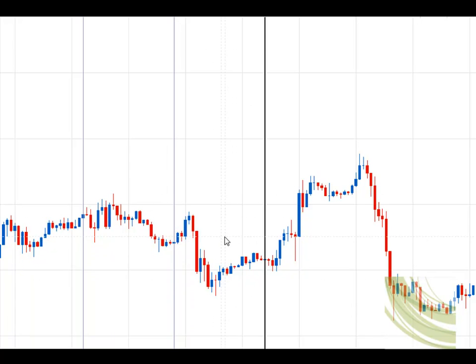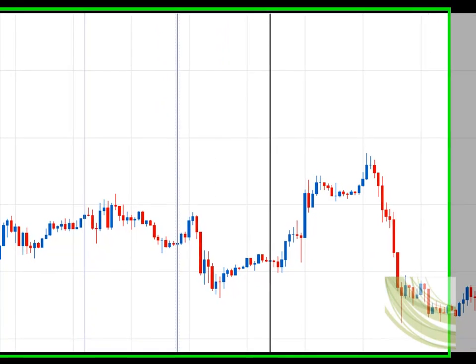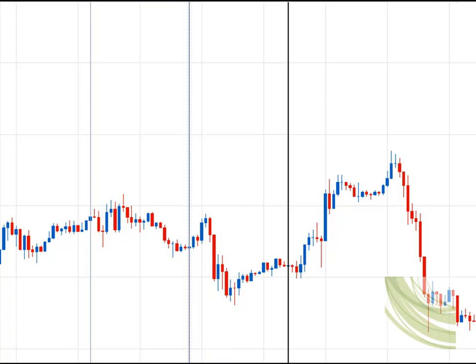So what I do is plot a vertical line at the 0000 hour of the 11th of January, and another at the 0000 hour of the 10th of January. That means it's 24 hours.